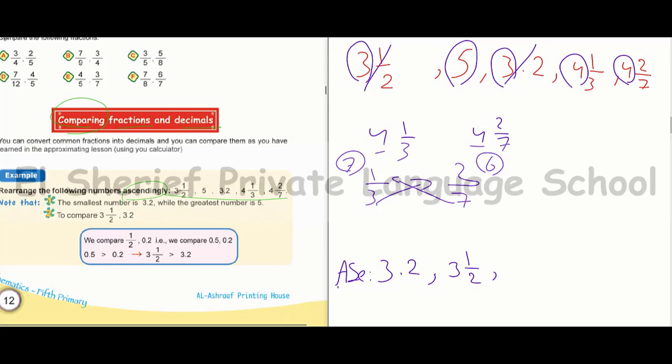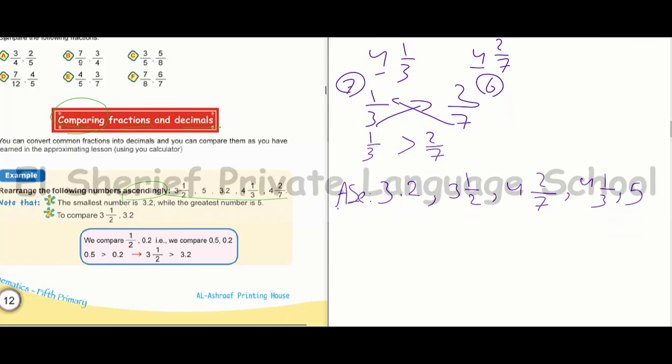So 1 over 3 is more than 2 over 7. So the smallest is 4 and 2 over 7, and the next is 4 and 1 over 3. The last number, the greatest, is 5.